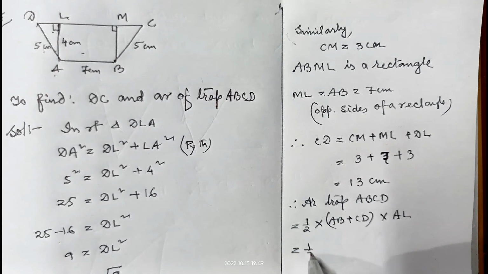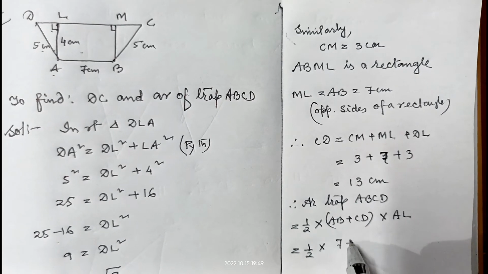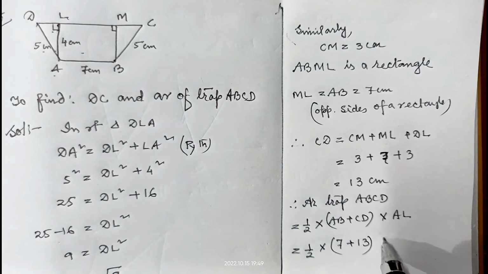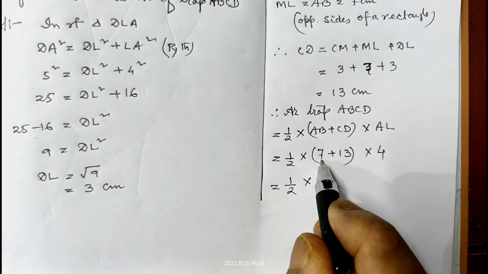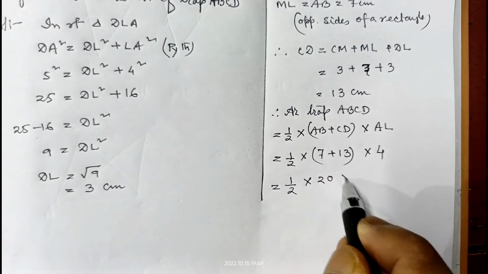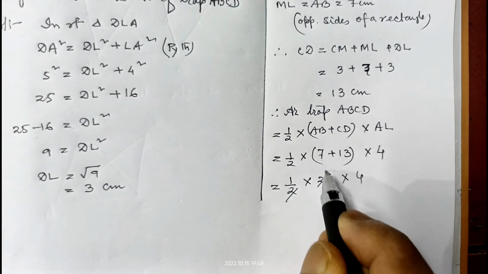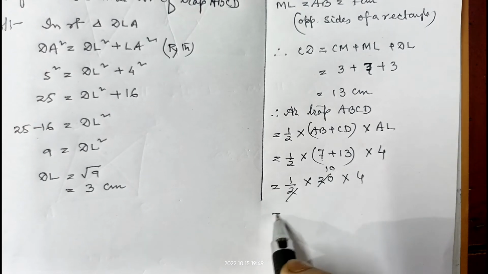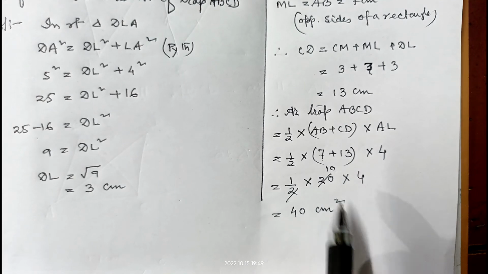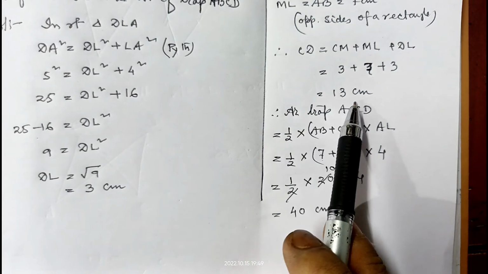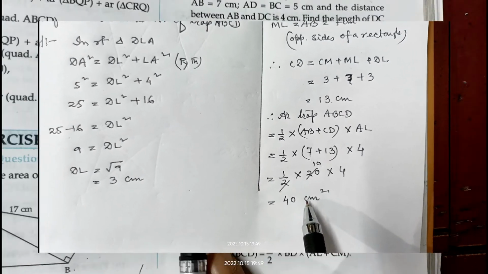Now half into AB is 7 plus CD is 13 into AL is 4. So it will be half into 7 plus 13, it is 20, into 4, 2 tens are 20. So 4 tens are 40 centimeter squared. Therefore, required area of the trapezium is 40 centimeter square and the length of CD is 13 centimeter. So these two are the required answers.